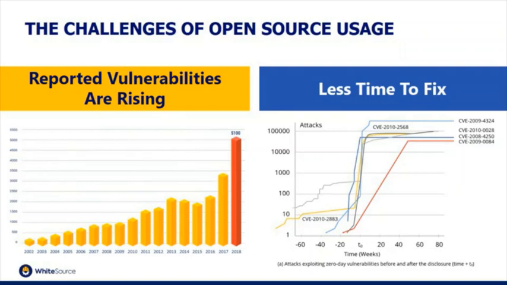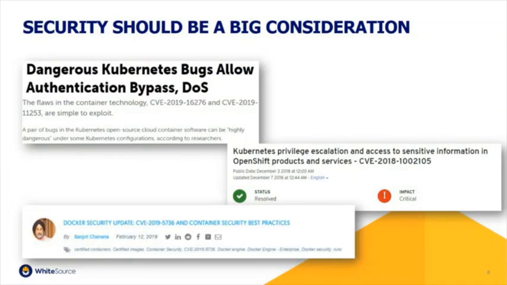Fundamentally, like I said, more vulnerabilities, less time to fix before they're actually exploited. I just wanted to reinforce this with a few stories from last year, really big bugs that snuck into almost all containers. Kubernetes bugs affect everybody who uses Kubernetes, which is 90% of everybody who deploys containers.